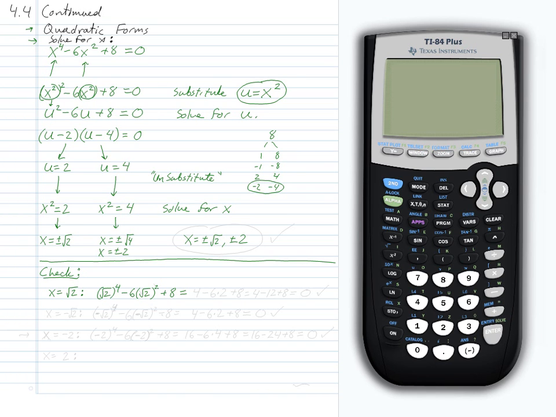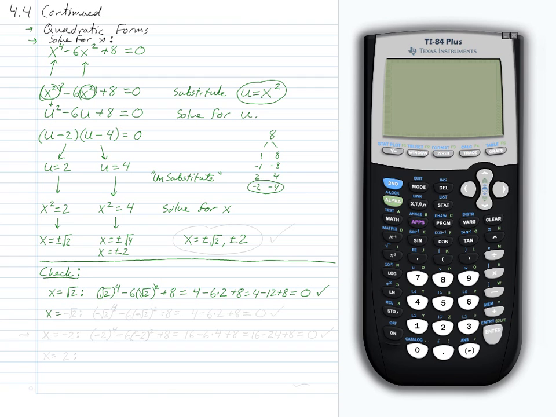If I raise the square root of 2 to the 4th, I can think of that as the square root of 2 squared squared. In other words, 2 squared, which would give me 4. Our square and our radical cancel here, and we get minus 6 times 2 plus 8. So that's 4 minus 12 plus 8, which is 0. So the square root of 2 is a valid solution.